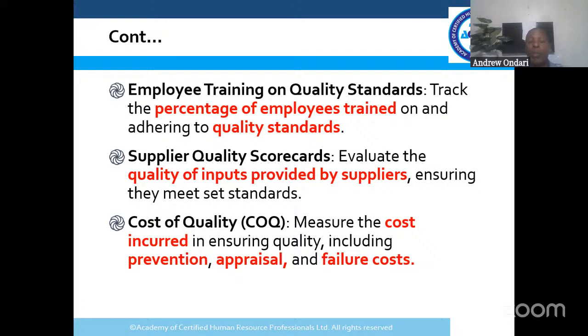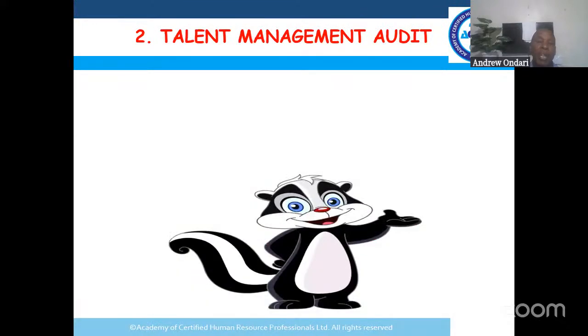So quality is very key, because if we bring in quality, then we expect that we can give out quality. So that is the end of the first part of strategy audit, which I promised to look at.